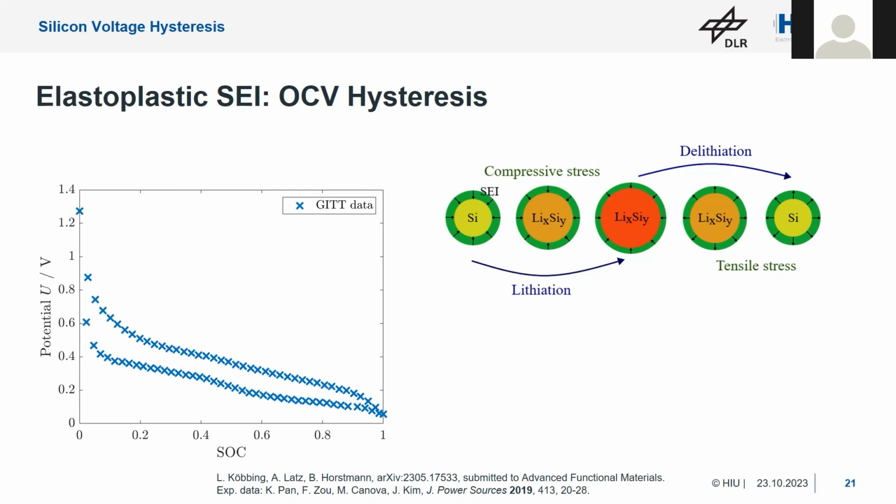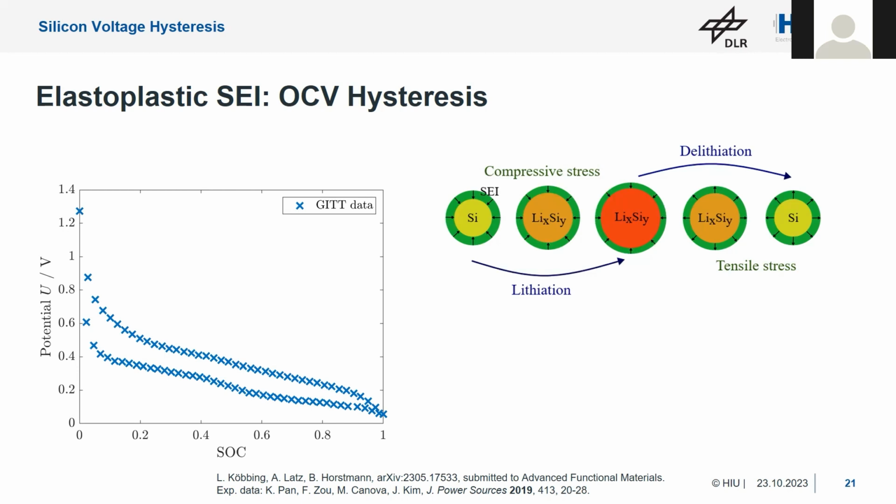So during lithiation, the silicon particle expands, so you can see here, and at the same time the SEI thins, and it acts as a compressive stress on the silicon electrode. And during delithiation, the silicon shrinks and the SEI thickens, and then it acts with a tensile stress on the electrode.